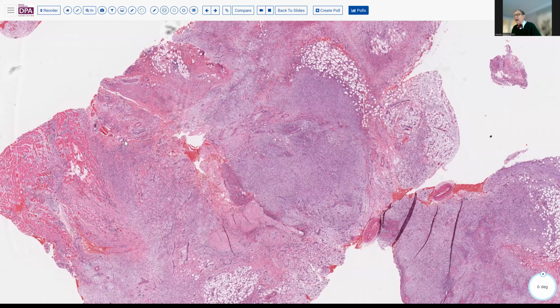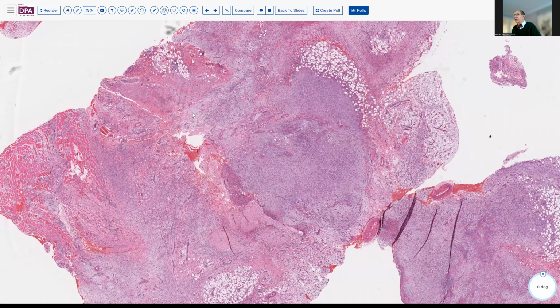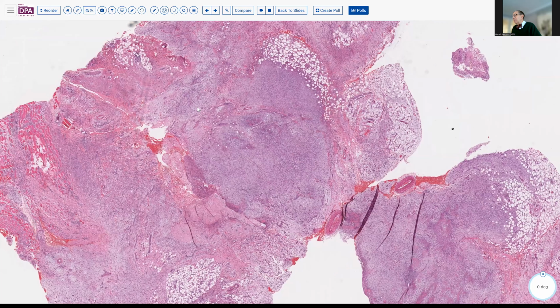So with that finding involving the muscle, a degree of cellularity and some ossification, the diagnosis that seems most plausible in this situation would be myositis ossificans. And here you can see some of that peripheral ossification.